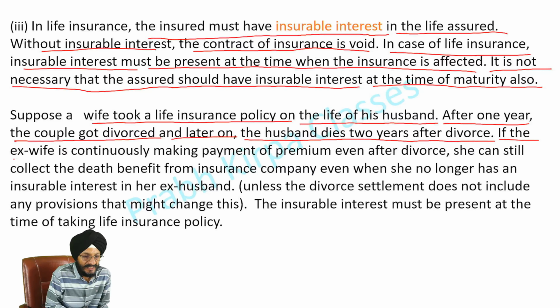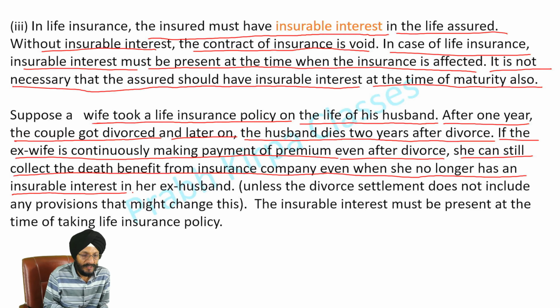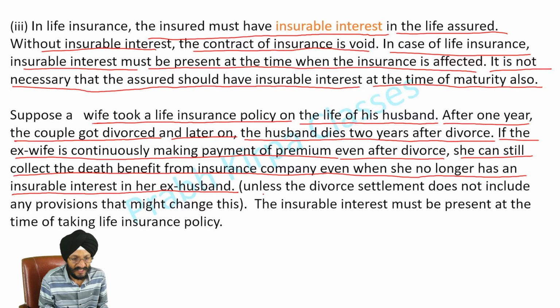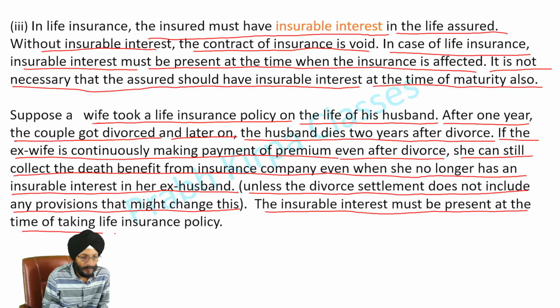If the ex-wife is continuously making payment of the premium even after the divorce, she can still collect the death benefit from the insurance company even when she no longer has an insurable interest in her ex-husband, unless the divorce settlement includes any provisions that might change this. The insurable interest must be present at the time of taking the life insurance policy.